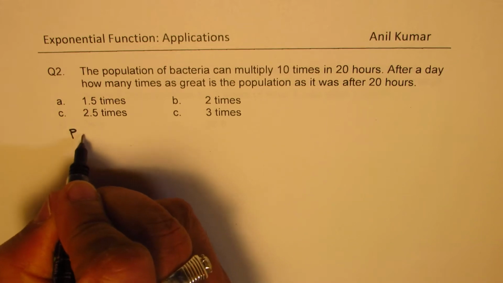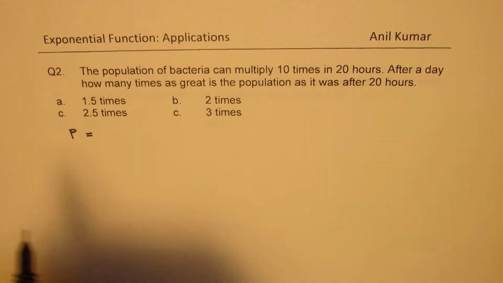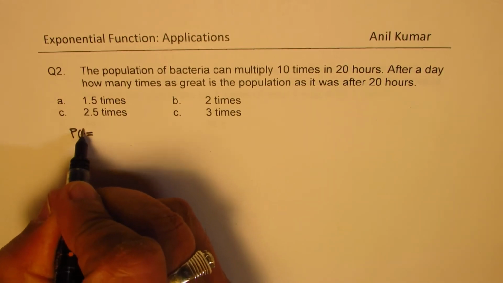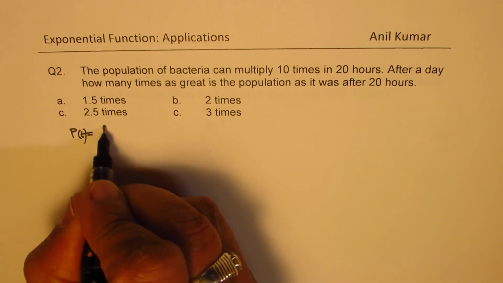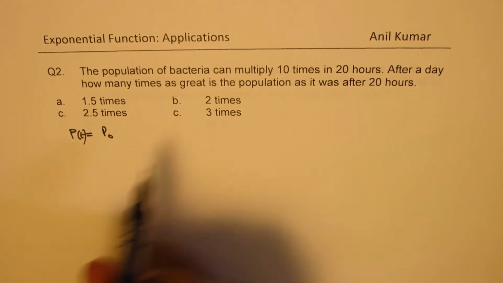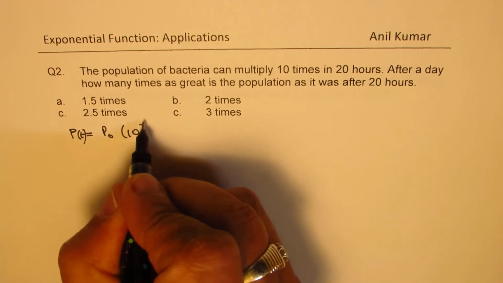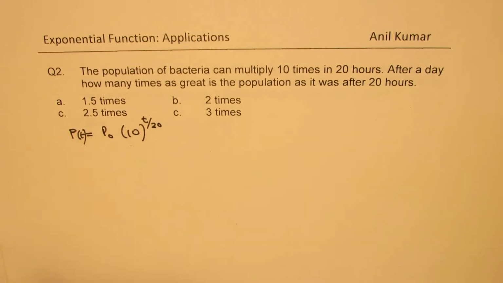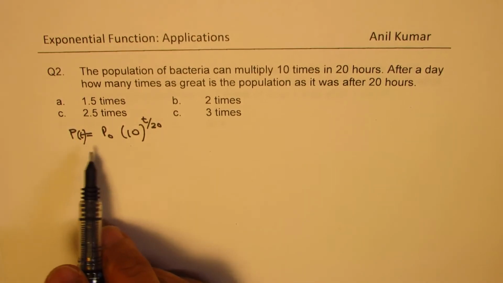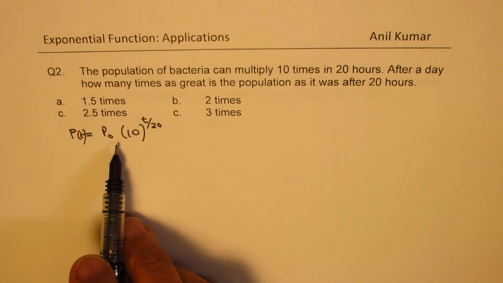Again, from our situation, we can say the population at any time T is the initial population times 10 to the power of T over 20. That is how we got our equation.